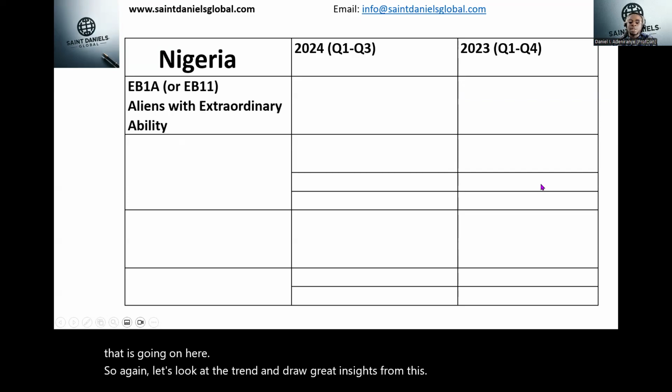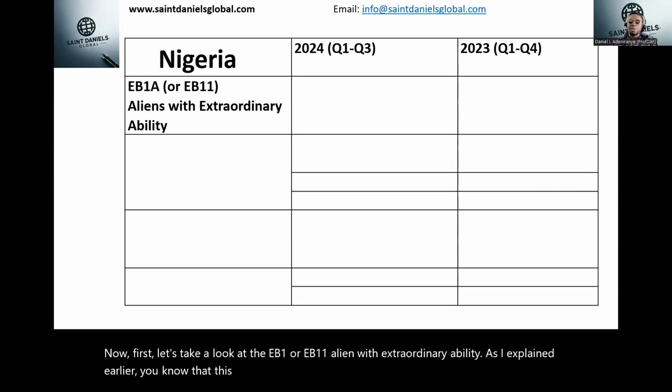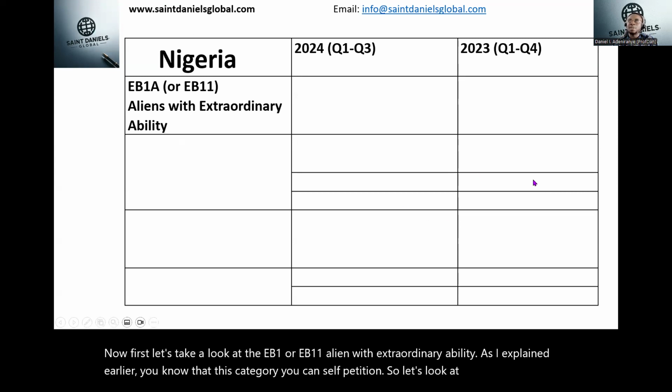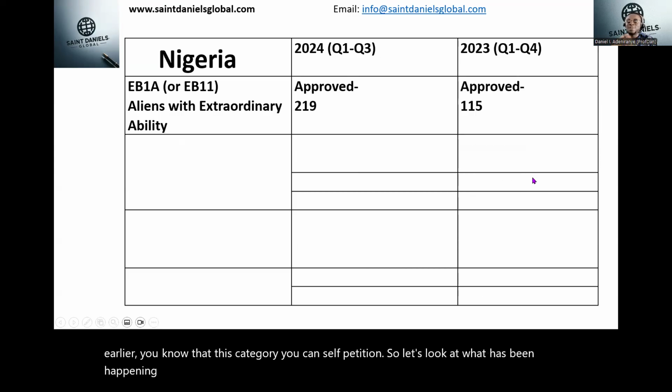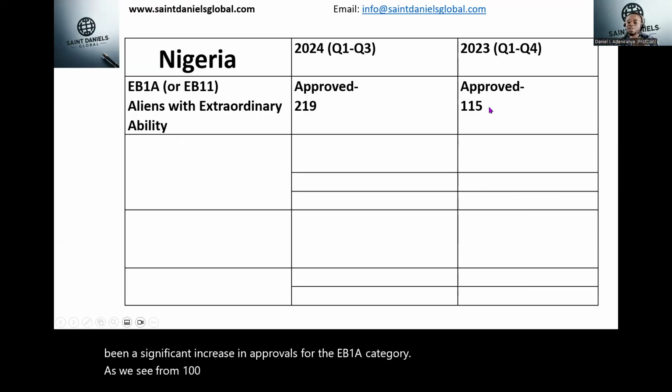Now, first, let's take a look at the EB1A, alien with extraordinary ability. As I explained earlier, you know that in this category you can self-petition. So let's look at what has been happening. Now you see what you have on the screen, the approved rate so far. There has been a significant increase in approvals for the EB1A category, from 115 in fiscal year 2023 to 219 in fiscal year 2024.